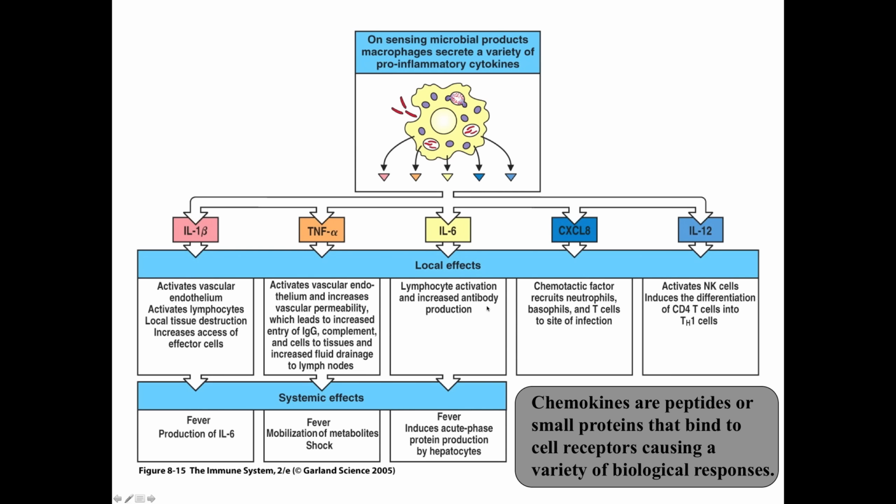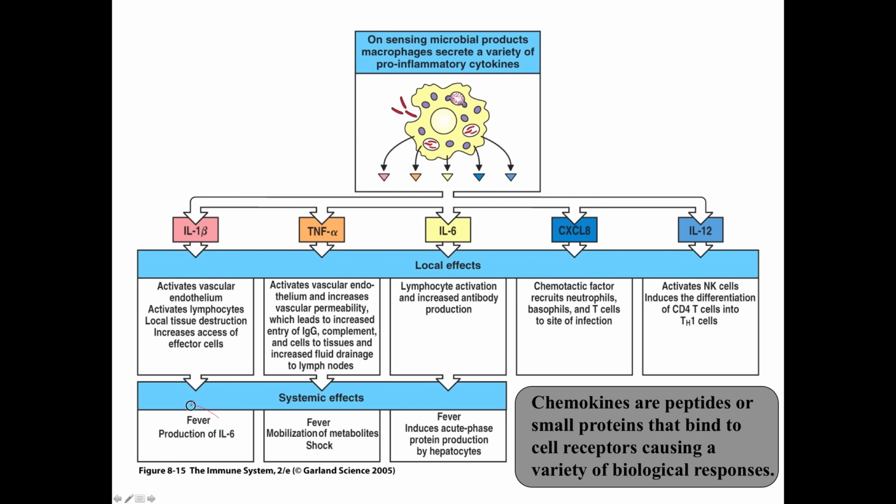There are some of these cytokines that are produced. There are a number of these, and if you don't know what that is, cytokines or chemokines are peptides or small proteins that bind to cell receptors, causing a variety of biological responses. The ones that macrophages produce are, for example, IL-1, which activates the vascular endothelium and lymphocytes.